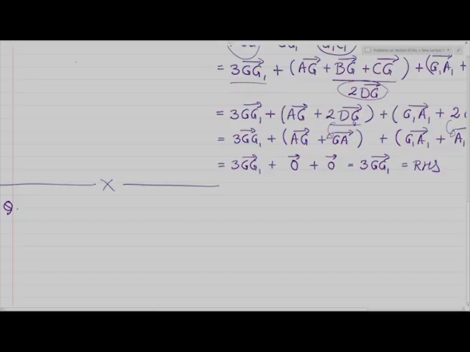We have been given 2 points, or you can say position vectors of 2 points. Let P, Q, R and S be the points on the plane.